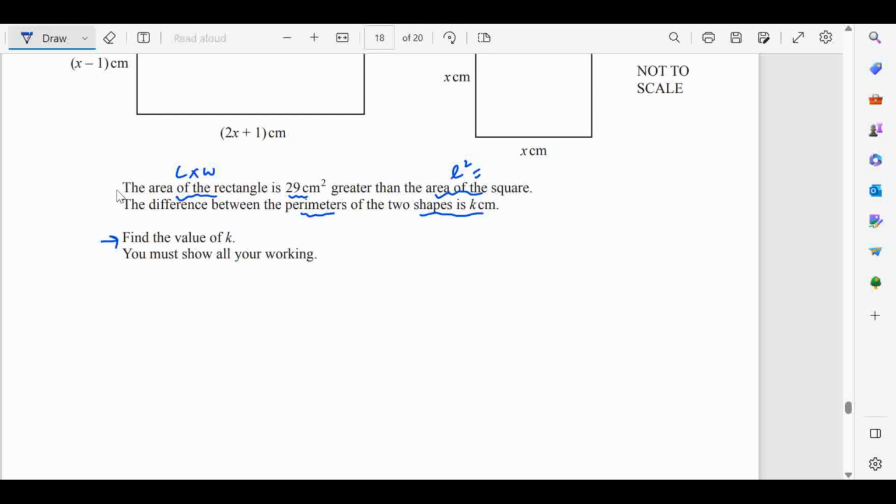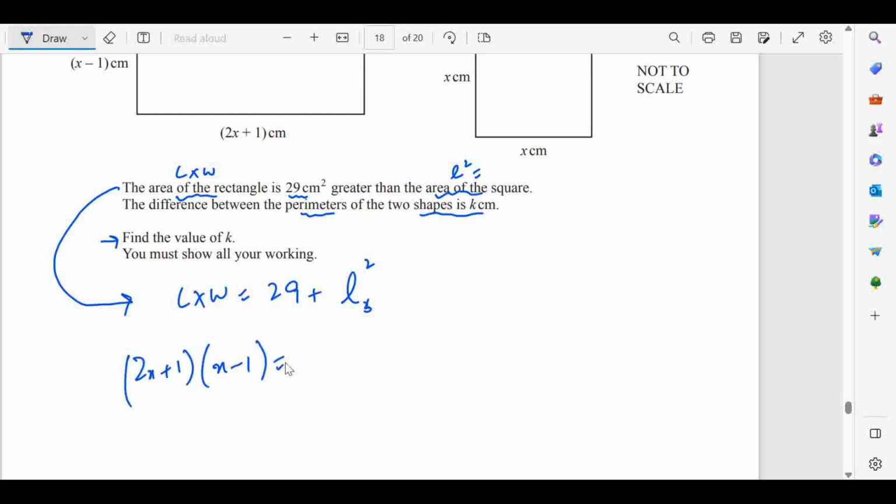From the very first line we can say that length into width is equal to 29 plus the area of the square. Here the length is 2x plus 1 and the width is x minus 1, equal to 29 plus x square.